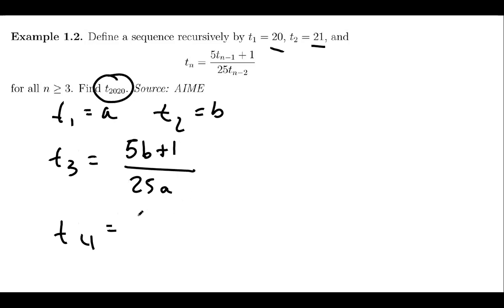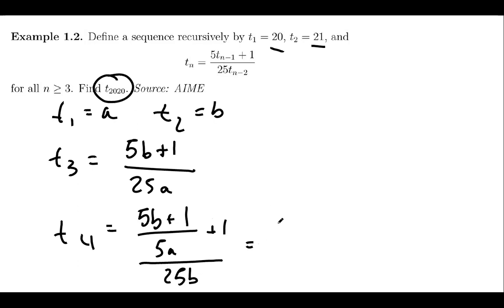We plug the previous term into the numerator, and that will give us (5b plus 1 over 5a) since we multiplied by 5, and then plus 1 over 25b. And if we simplify that, that's (5a plus 5b plus 1) over 125ab.